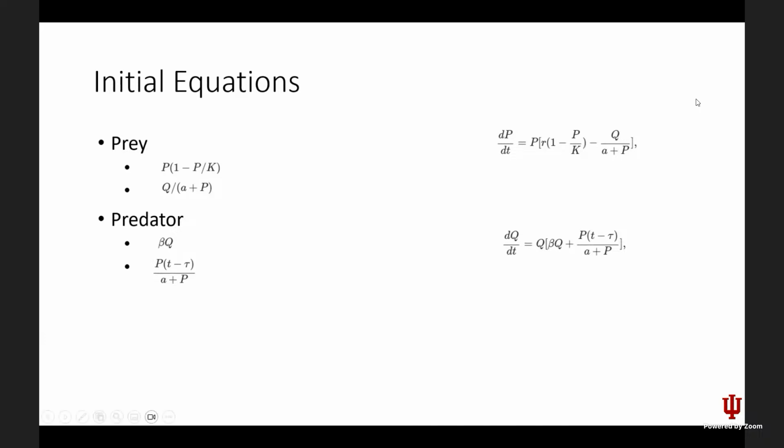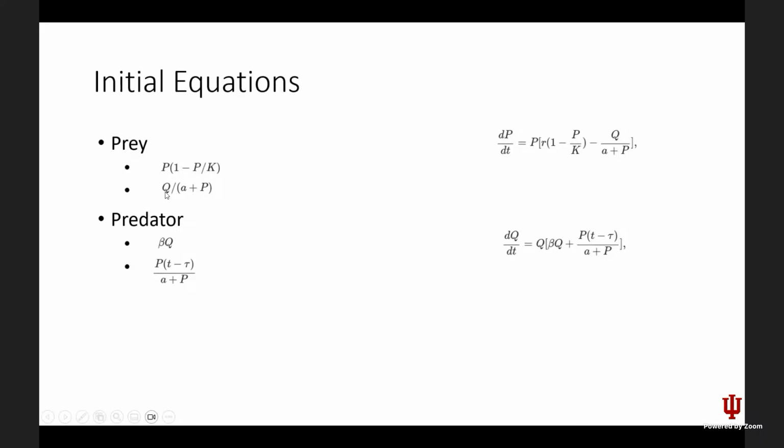In this scenario, maybe I'll go over the letters quickly. Big P is the population density of prey. K is the carrying capacity of the ecosystem.